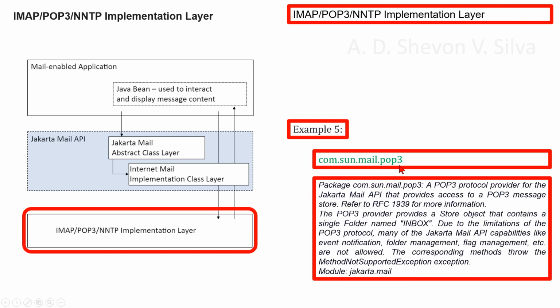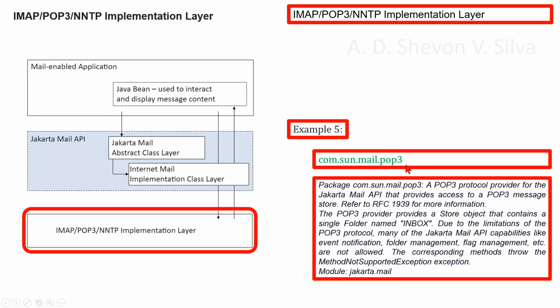As an example 5, we can consider package com.sun.mail.pop3, a POP3 protocol provider for the Jakarta Mail API that provides access to a POP message store. Refer to RFC 1939 for more information.